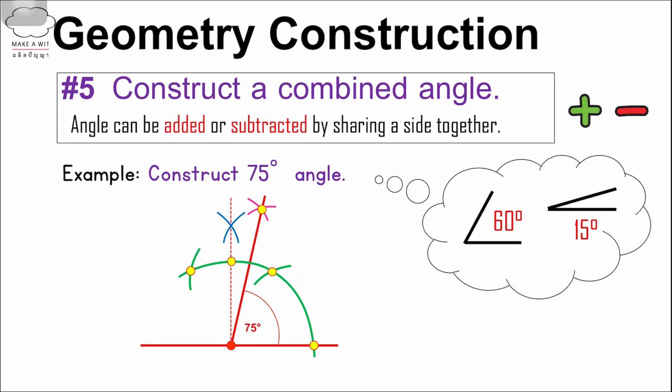There, that's what you need to do. You can add or subtract by sharing a side together. See? So I do both, right? I go more, add it, and then subtract, or cut it in half, or use the bisector.